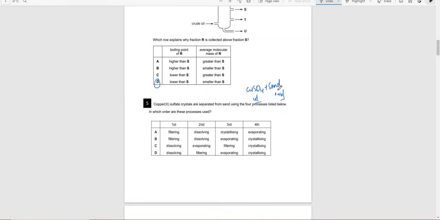The first thing we'll do is dissolve both in water. Copper sulfate will dissolve and sand will not, so we can filter the solution. Sand will be separated and the filtrate would be the copper sulfate solution. Then you can evaporate it and the crystals of copper sulfate will come out. So the answer would be dissolving, filtering, evaporating and crystallizing.